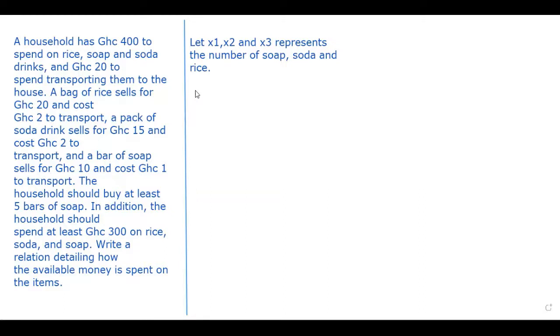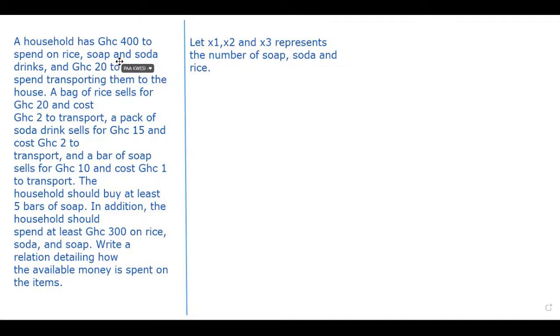Now, first of all, we start with the first constraint. Now we are saying that a household has 400 cedis to spend. In inequalities, I told you that when you hear it's available, has something to spend, at most, it is what? Less than or equal to.